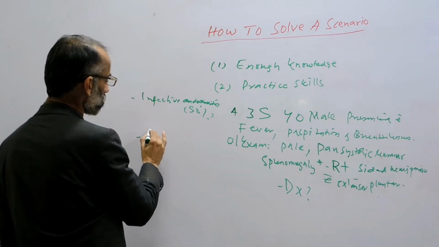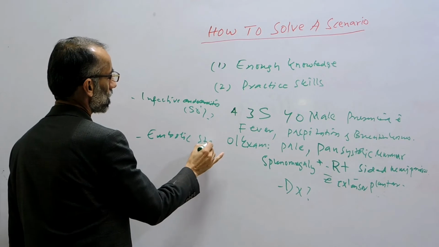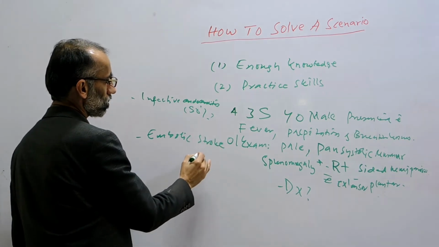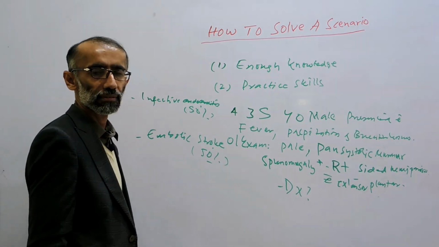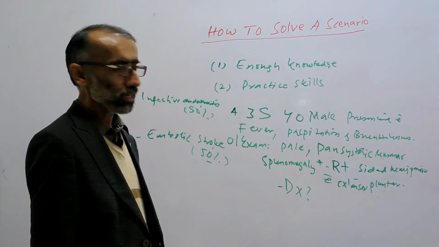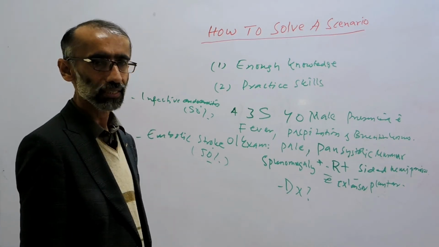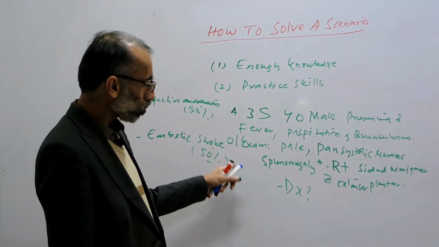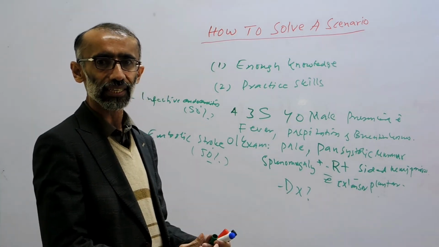If you mention embolic stroke, you will get 50% marks. You will not get complete marks because the 2 parts of the question are linked with each other.